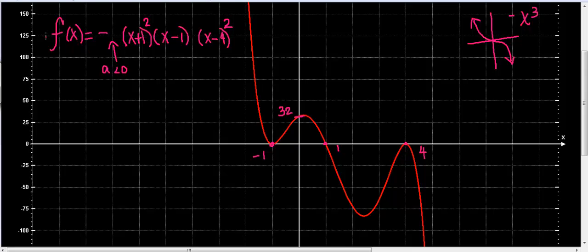So if I leave this function as is, what would be my y-intercept? How we do that is we expand. You don't have to expand it, but I like to because you don't skip any factors, and you might skip them if you don't expand. So I have x plus 1 twice times x minus 1 times x minus 4 twice.